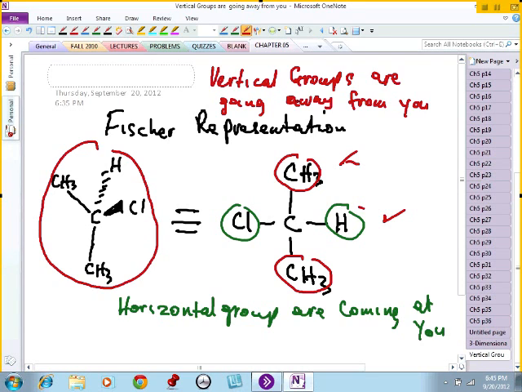Therefore, are those two molecules the same molecule? They are the same molecule. Even though they look different, as long as you can superimpose them, they are the same molecule. Keep in mind, green is chlorine, this is methyl, and this is hydrogen. So let us draw that.